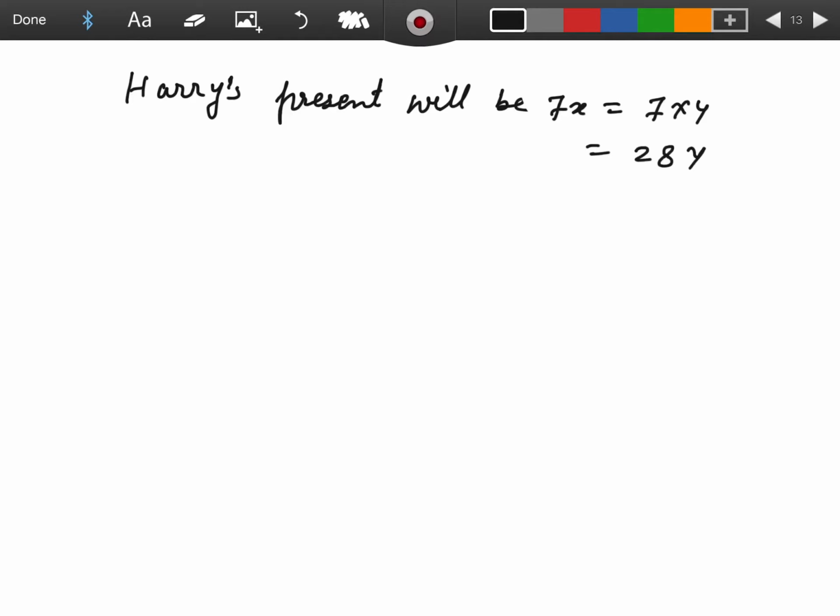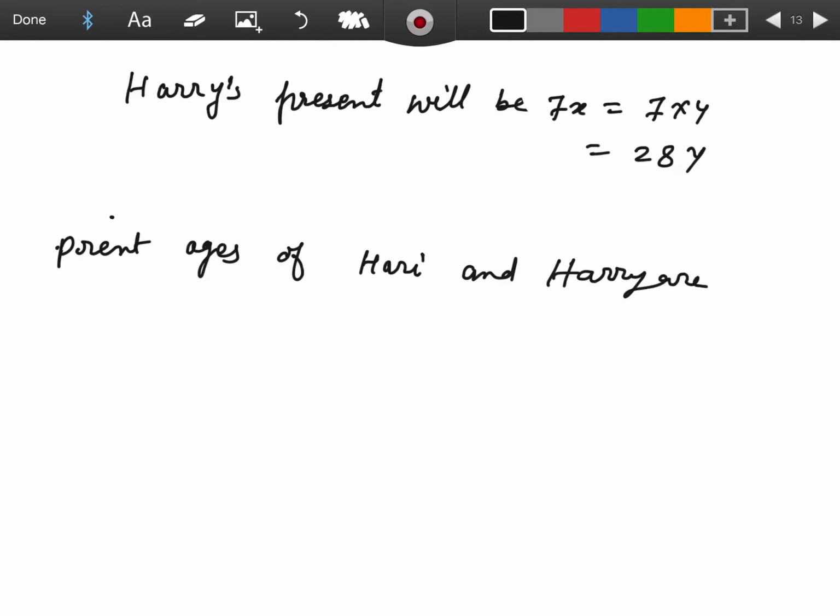Now we can check our problem whether it is correct or not. So checking we can do. Now the present ages of Hari and Harry are 20 and 28 years respectively.